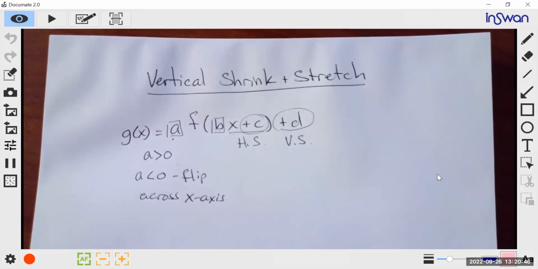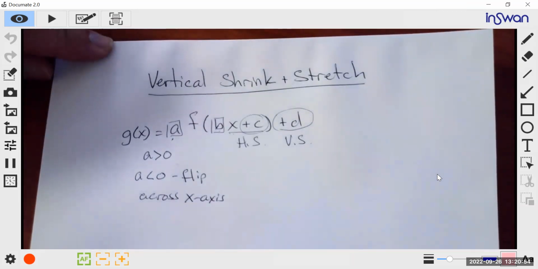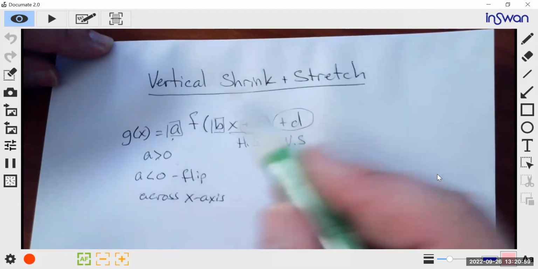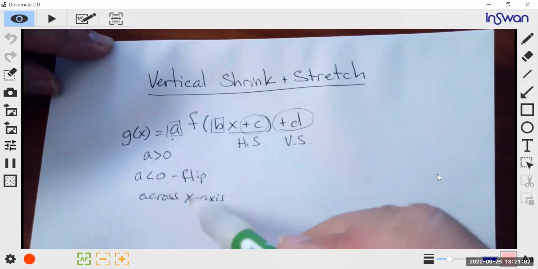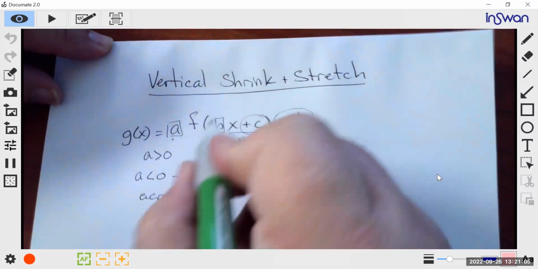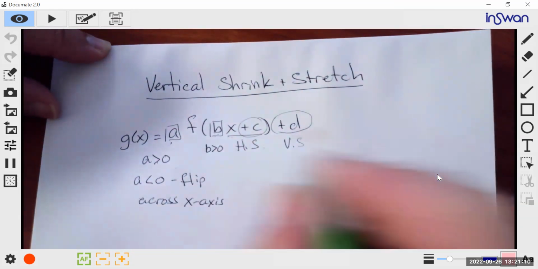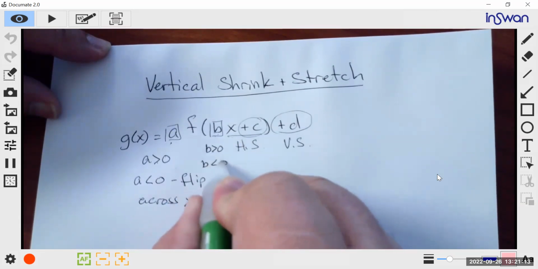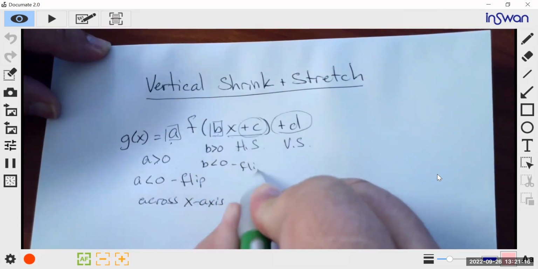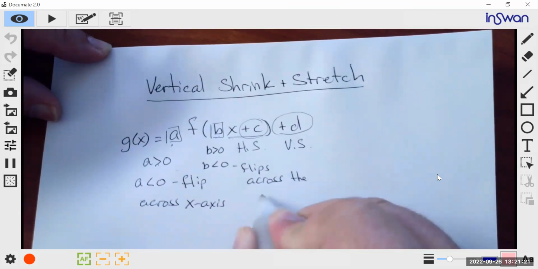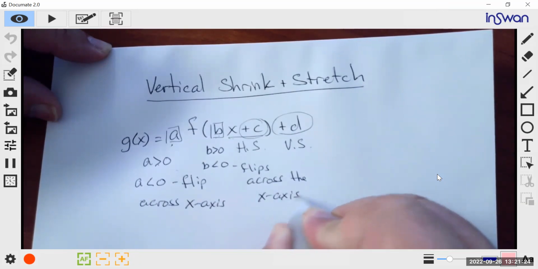It's a vertical flip. So if A is positive, nothing changes. If A is negative, it flips across the x-axis. Same thing with B. If B is positive, nothing changes. But if B becomes negative, it flips across the x-axis. It's a vertical flip.